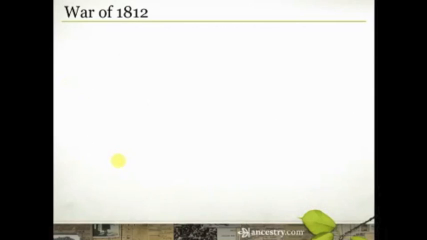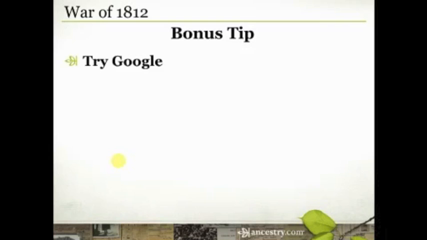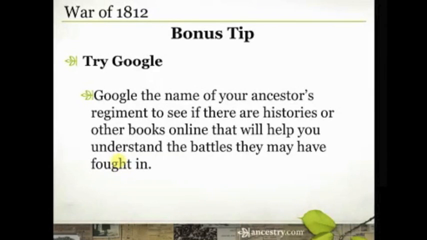Now, let me just give you here a little bonus tip before we talk about the last and most exciting type of 1812 record available. My bonus tip is this. Try Google. I think sometimes we forget that Google is such a great genealogical resource. Google the name of your ancestor's regiment to see if there are any histories or any other books available online that will help you understand the battles they may have fought in.